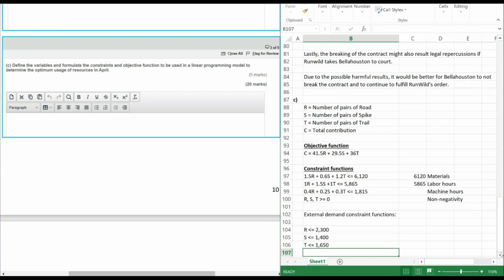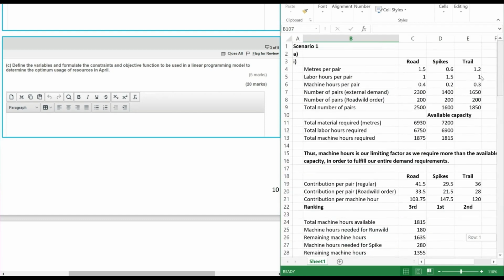Then there was a part B in that question as well: if they break the order, what are the consequences? And part C was more towards the linear programming side, although in that question, because it's before the CBE exam, I believe, they had given a linear programming graph, and we needed to answer questions based on the graph itself.